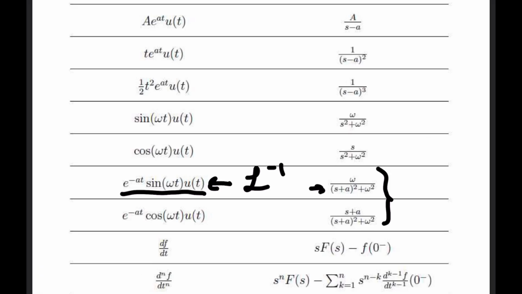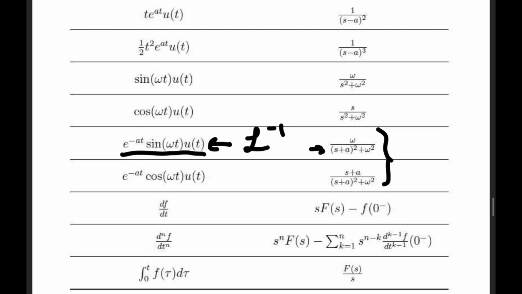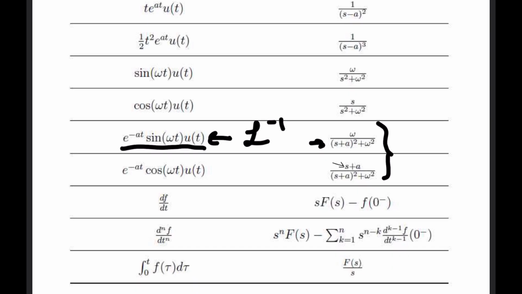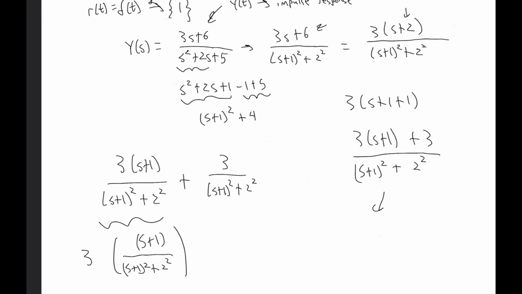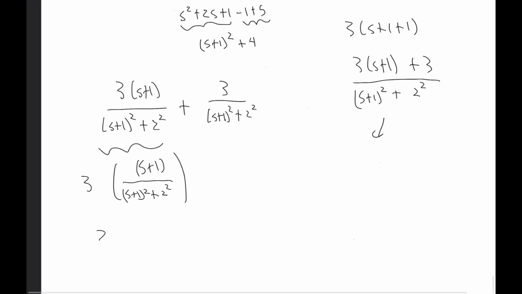This one coincides with the form (s + a) over (s + a)² + ω². So this is going to be e^(-at) cosine ωt, where ω is this number. So we get 3e^(-t) cosine of 2t. That's the inverse Laplace of this.